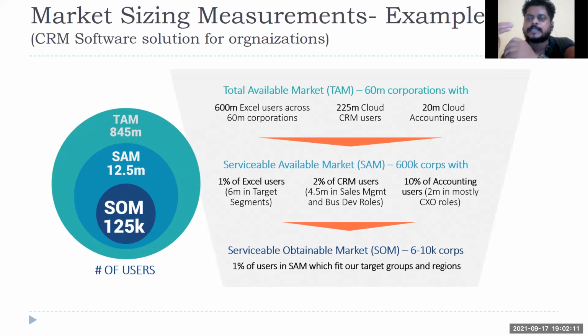What will be the total addressable market? Because this is a startup, Skylark Drones, what will be the target market size? Out of that, how much can they address, the segmented addressable market? And from the segmented addressable market, based upon their winning rate, how much market share can they expect?